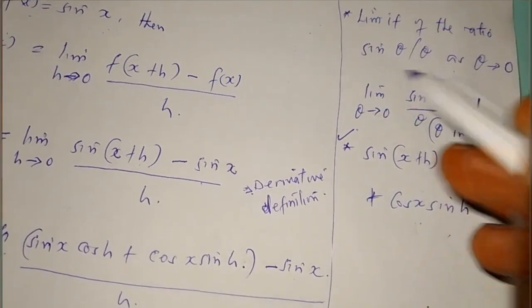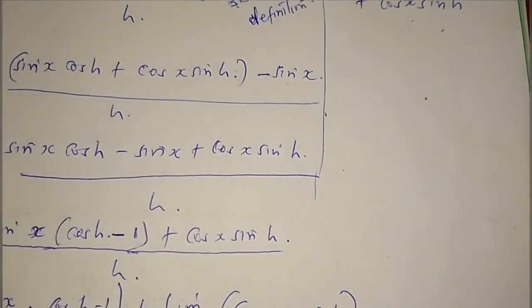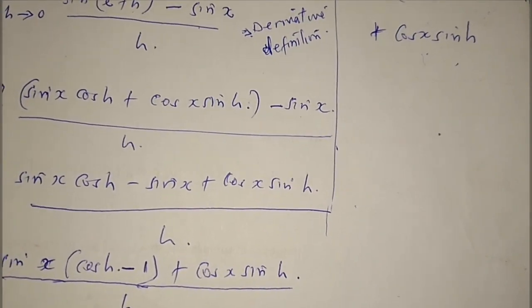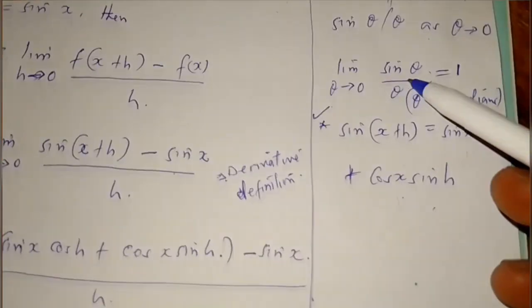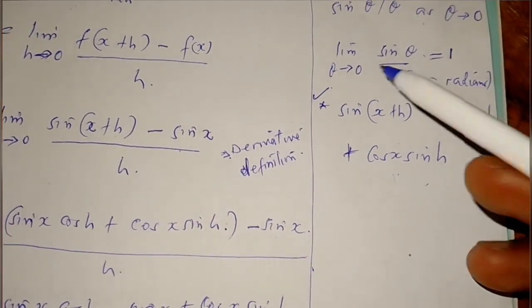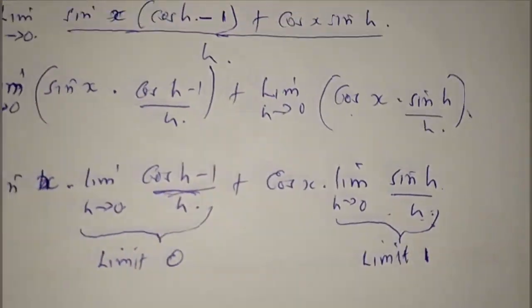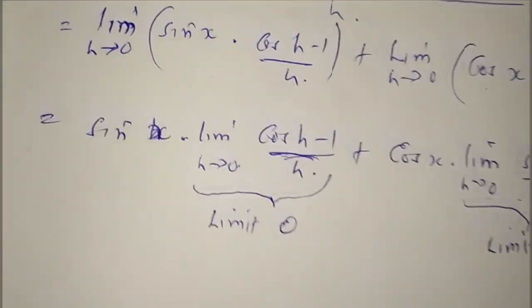So this theorem is what I'm using here: the limit of sine h over h as h tends to 0 is equal to 1.